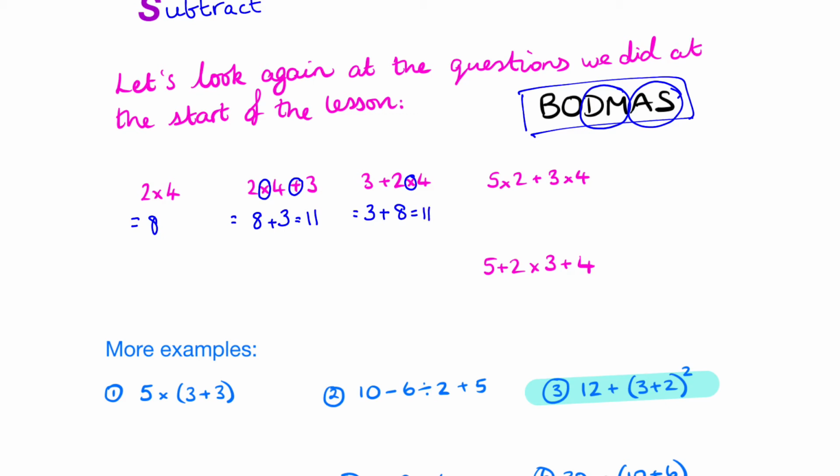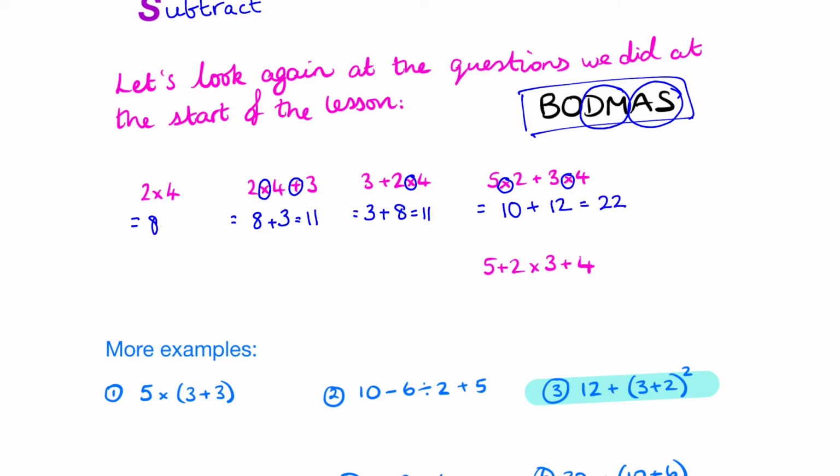The next one, 5 times 2, add 3 times 4. Again, we've got multiply and we've got add, so the multiplying needs to happen before the adding. So we do the 5 times 2, which is 10, and the 3 times 4, which is 12. And then we do our adding to give us 22.